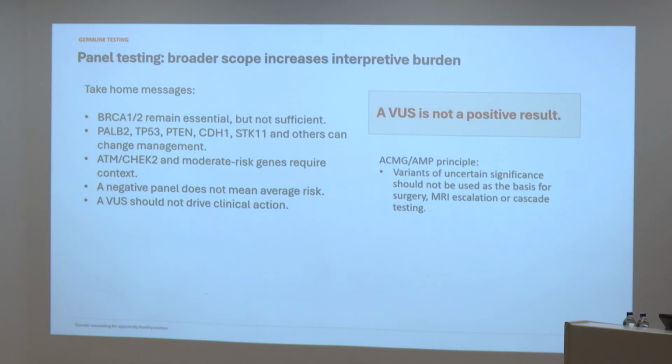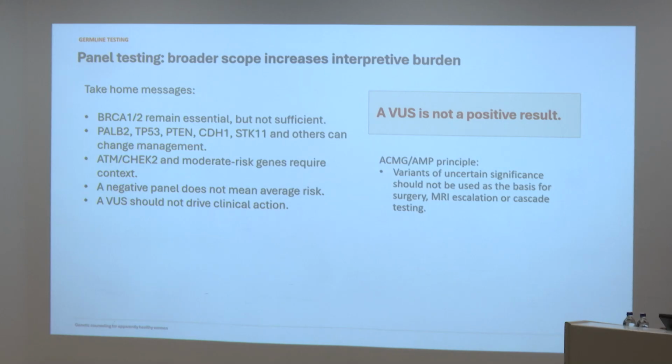Germline testing is, of course, maybe the most evident part of this counseling model, but we have some take-home messages. For example, BRCA, of course, remains essential, but not sufficient anymore. We have more genes to be tested, and they have a place in the guidelines, like P53, cadherin, and ATM, and others.